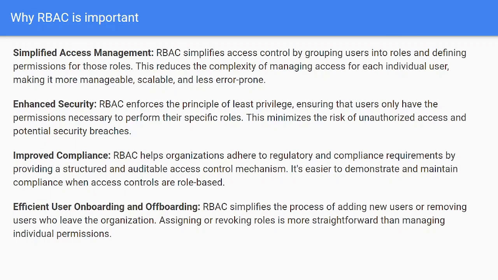Okay, so why is it important? It simplifies access management. Role-based access control simplifies access control by grouping users into roles and defining permissions for those roles. So basically, it simplifies access management in the sense that, for example, in an organization, there's a role called IT support.